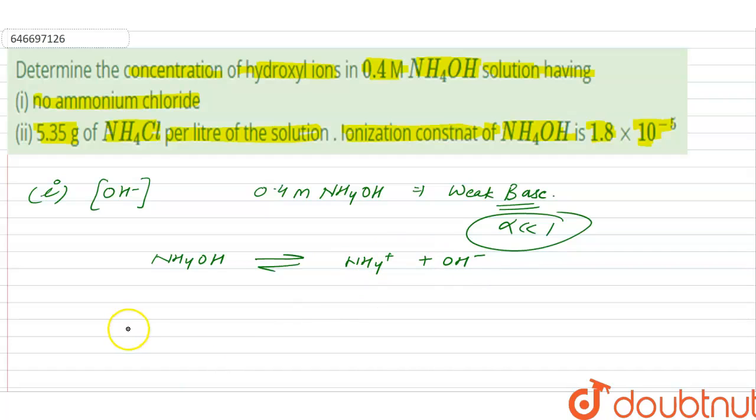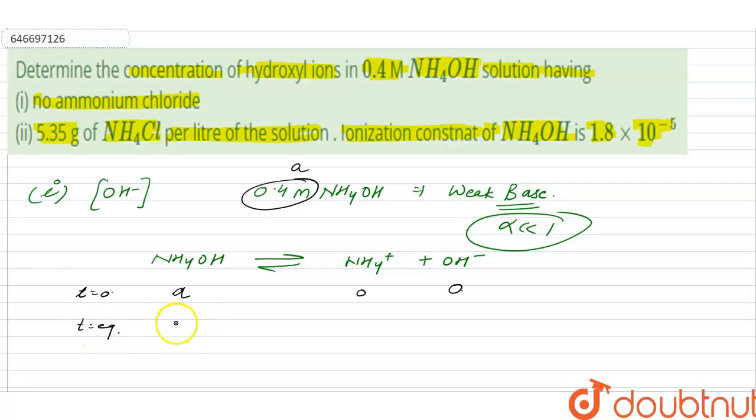This is the dissociation reaction for NH4OH. At time t equals to 0, the concentration of NH4OH will be the same. Let us consider this concentration to be A. There is no dissociation at t equals 0.